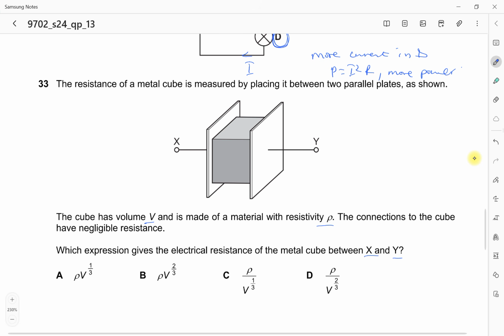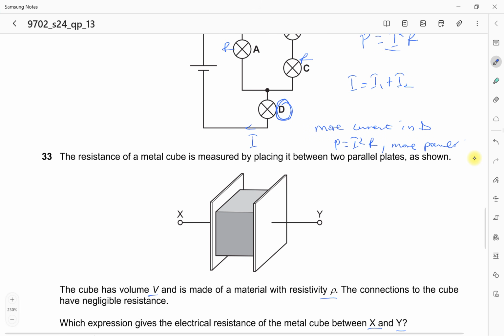So we want electrical resistance. We know that resistance equals resistivity times L over cross-sectional area. And the volume of a cube is side times side times side, which is L cubed. And the cross-sectional area is L squared.